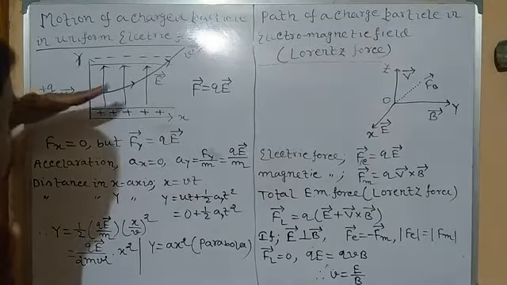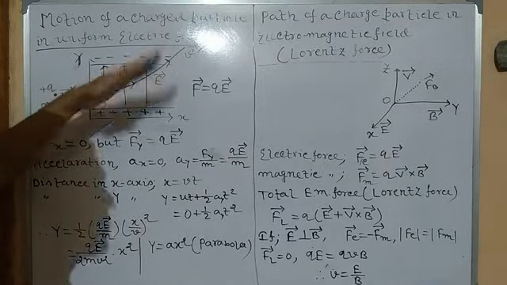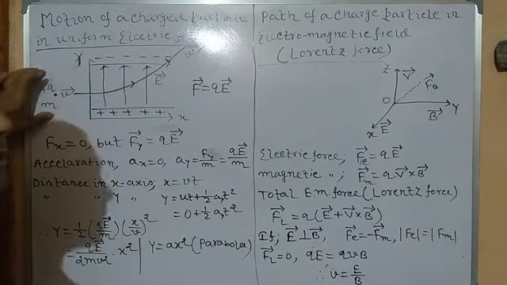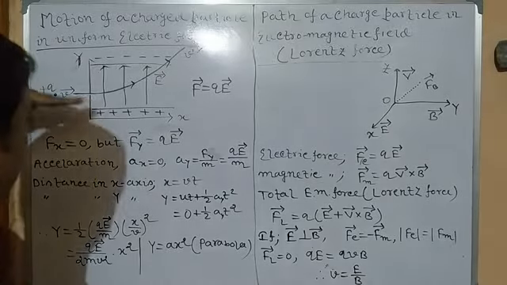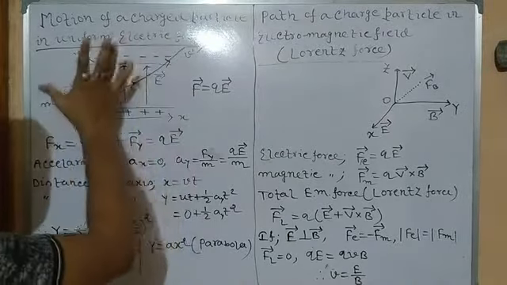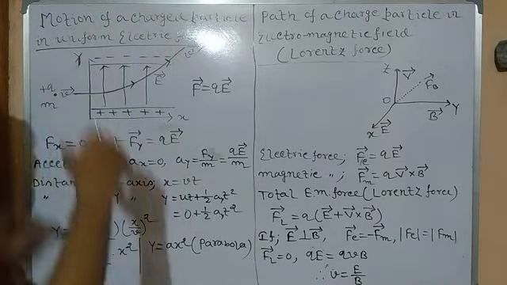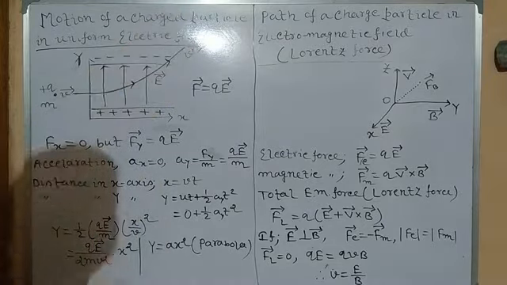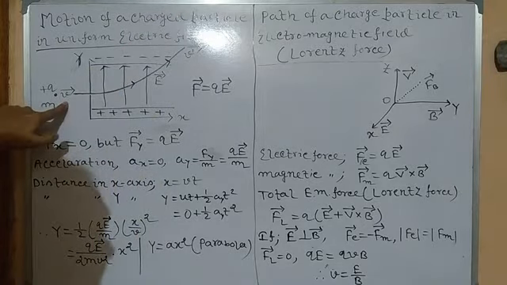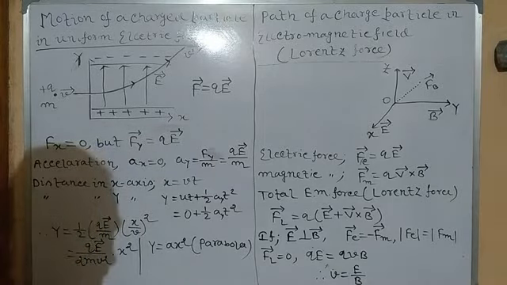So it experiences a force towards the negative plate, because the particle is positively charged; it is attracted by the negative plate, unlike charges. That's why it moves along the y-axis taking a parabolic path. If the particle were negatively charged, it would experience a force towards the positively charged plate. Clear?